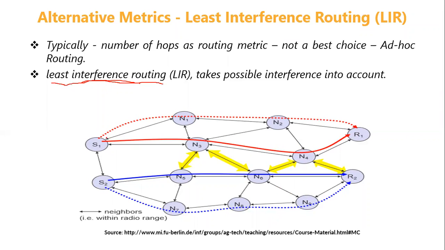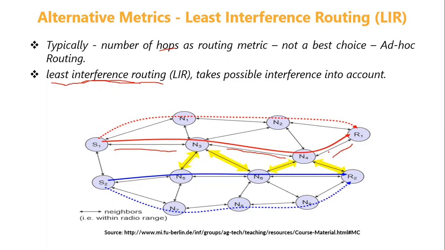First, let us identify the path based on hops. From S1 to R1, there are two paths available. One is path 1, S1 to N3, N3 to N4, and N4 to R1. So this has three hops.